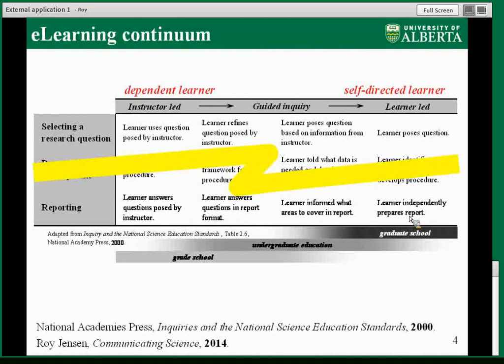But ultimately, what we want as a university is to have our graduates leaving with a BSc or with a postgraduate degree, or with a graduate degree, to be ultimately self-directed learners as they move into the careers that they take. Ultimately, the learning environment must accommodate this transformation.